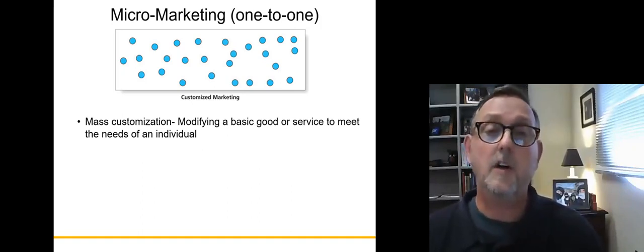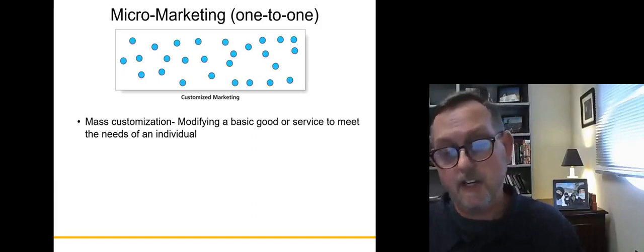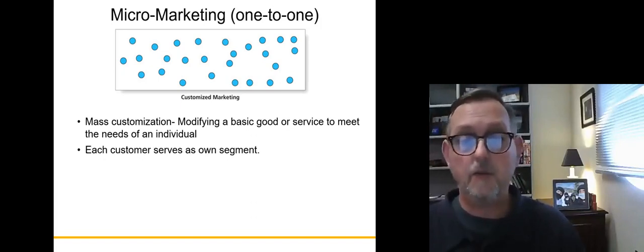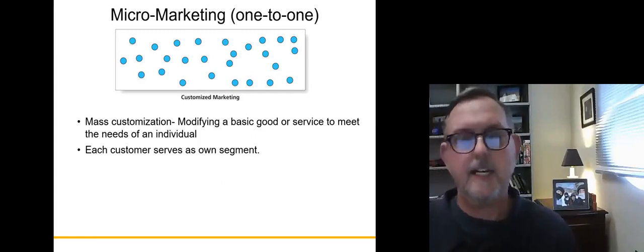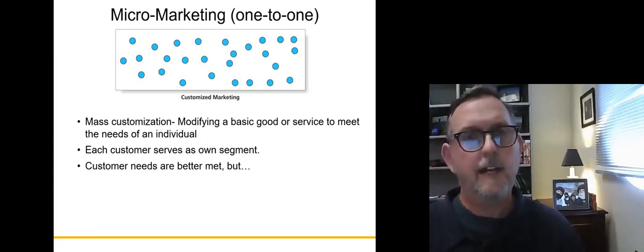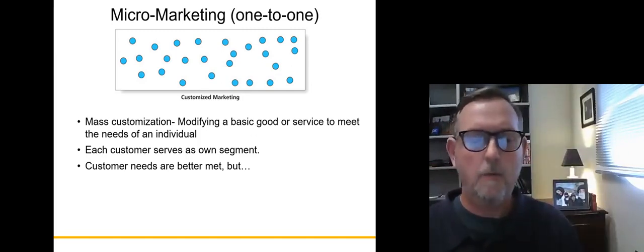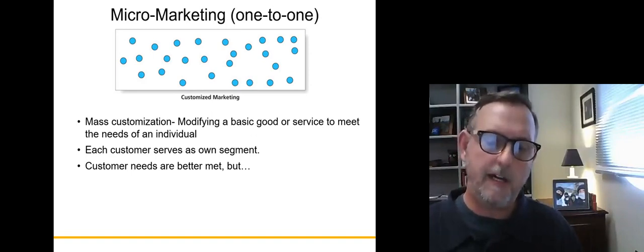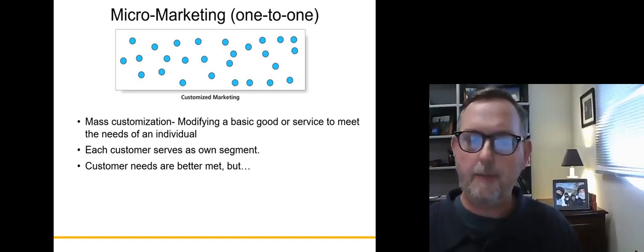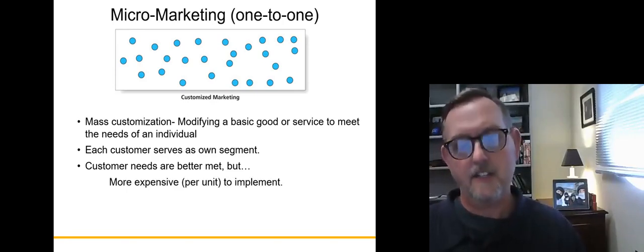You might also call this, with technology, something called mass customization, where we're basically creating a unique experience for every customer that's there. So each customer is conceptualized as their own market segment. And this is really, really good for the customer. So the customer's needs are perfectly met. In other words, we are trying to create value by offering them a unique product that meets their specific needs.